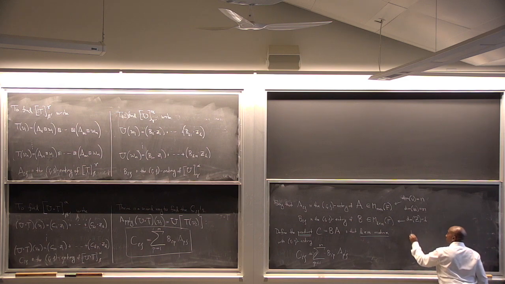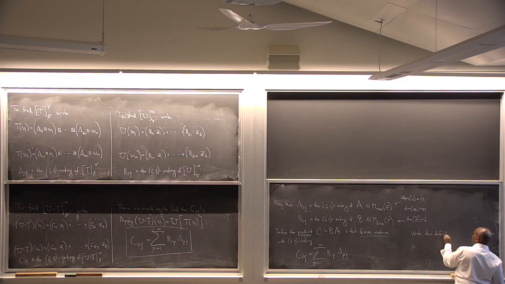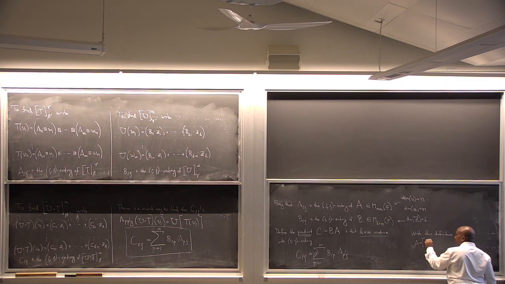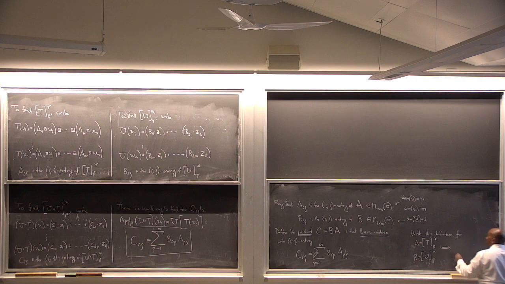So with this definition, where of course I want A to be this matrix representation of T, I want B to be this matrix representation of U. Then this means that this C should be the matrix representation for the composite, which of course now is just the product of these matrices.